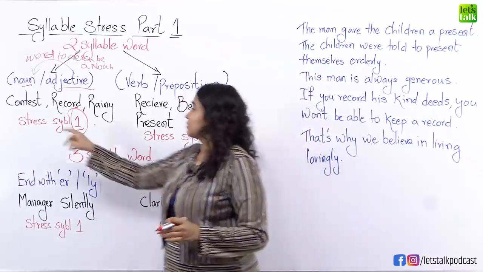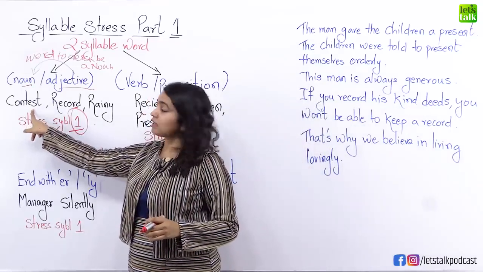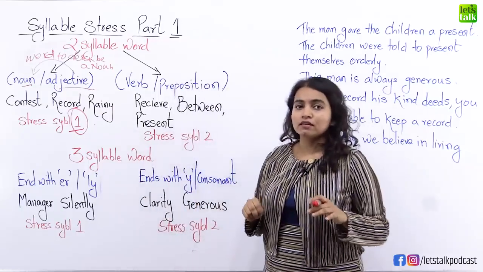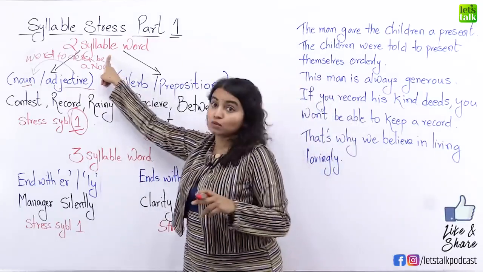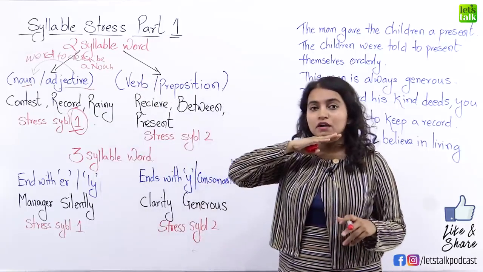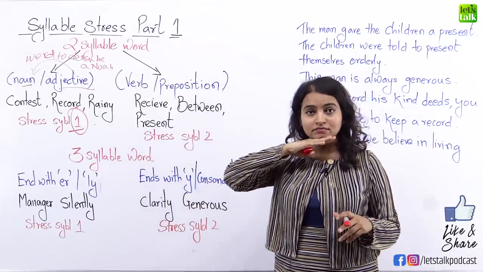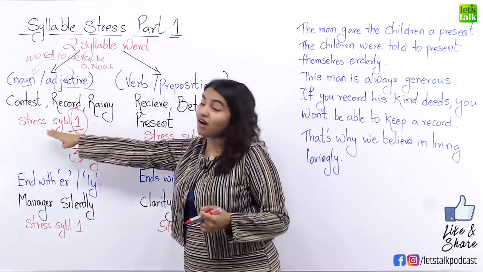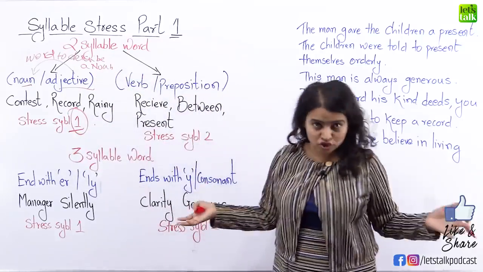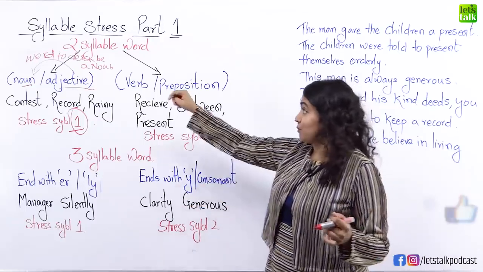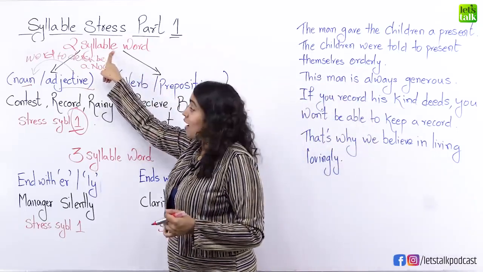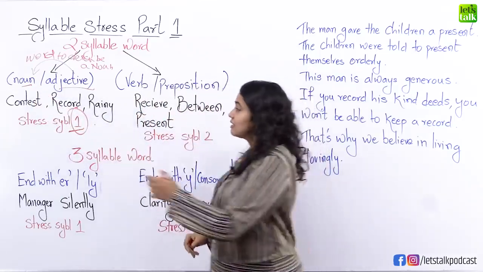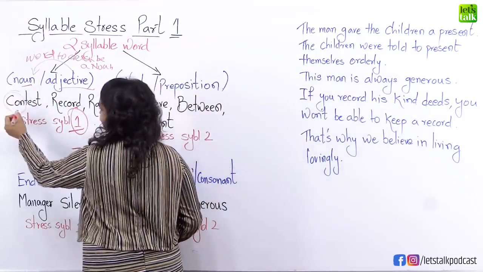Let's see the example. We have a word like contest. Let me say this word properly. Let's see if it is really a 2-syllable word or not. Contest. Well, that is definitely a 2-syllable word, and a contest means a competition, right? Because it is a 2-syllable word and because it is a noun, I am going to stress syllable number 1.